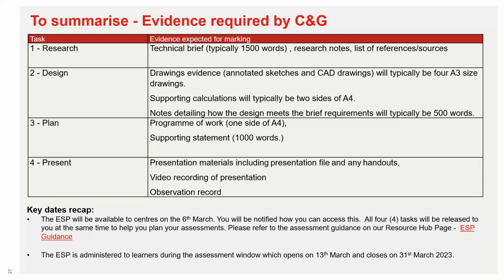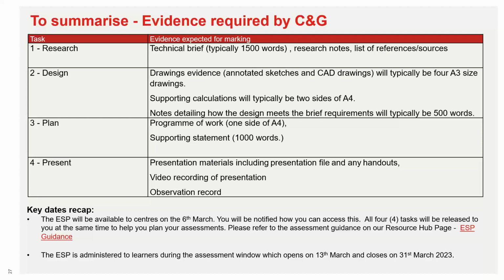So for task 1, the evidence we require is brief research notes that include a list of references. For design, we want your drawings: four A3 size drawings, two sides of A4 supporting calculations, and a minimum of 500 words detailing how that design meets the brief requirements.